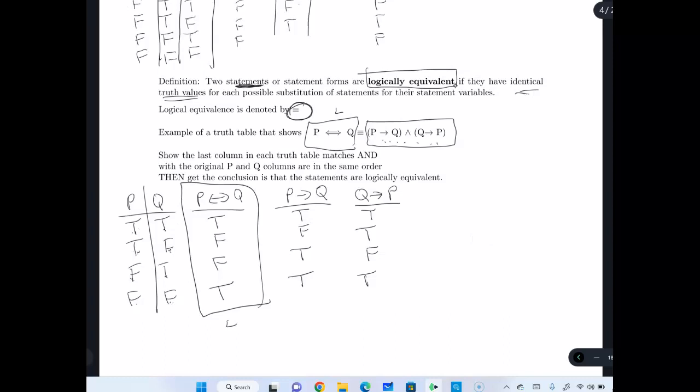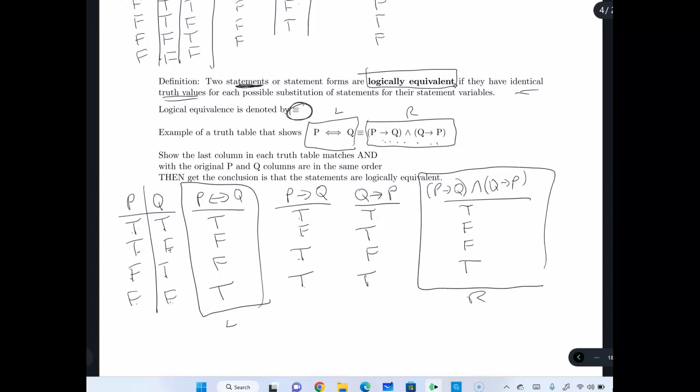Okay, so now I need to make a column where I take if P, then Q, and if Q, then P. Okay, so that means they both have to be true in order to be true. True and true, yes. False and true, nope. True and false, nope. True and true, yes. Okay, so we're comparing these two columns.